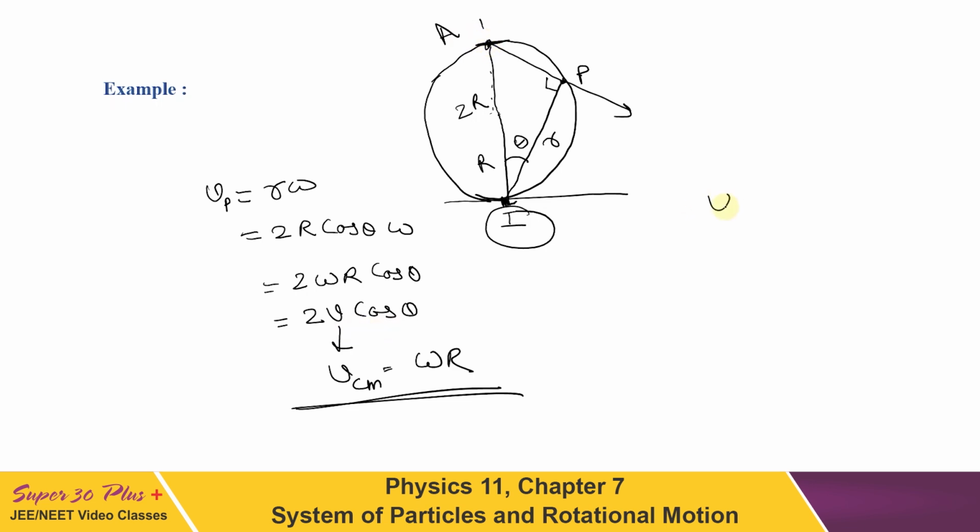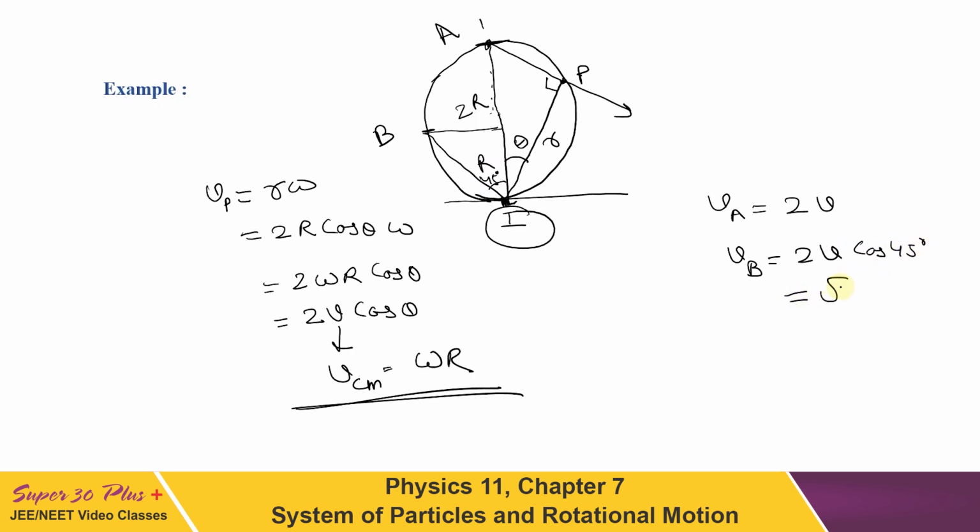So velocity of A directly now I can write as 2v, because cos 0 is 1. What about this point B? Again consider R. This has to be equal to, now it will be 2v. What is cos theta here? As this is R, this also is R, so the angle has to be equal to 45 degrees, and we will write this cos 45, which is equal to 1 by root 2.